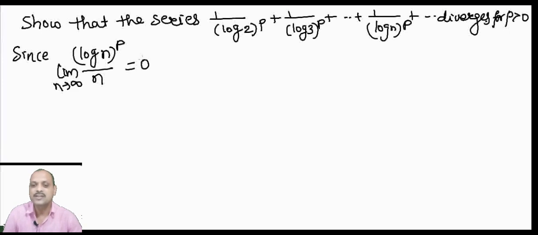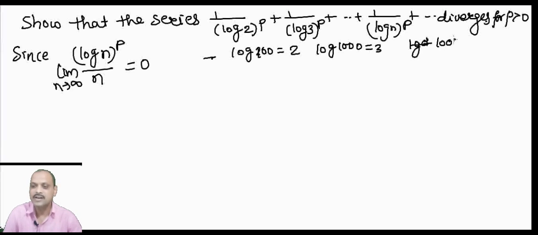Since we know that log of 100 is equal to 2 and log of 1000 is equal to 3, if we take log of 100 divided by 100, that will be 2 divided by 100, which is a fractional term, 0.02.